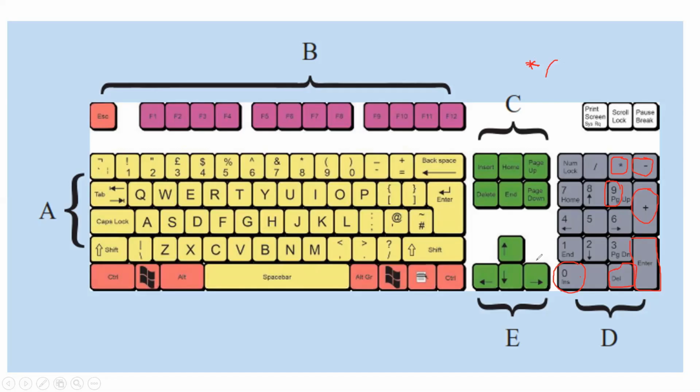And also, can you see there are some arrowheads? There are some arrowheads. Right? This key, and this one. Here you can see some arrows. And also home, page up, end, page down.